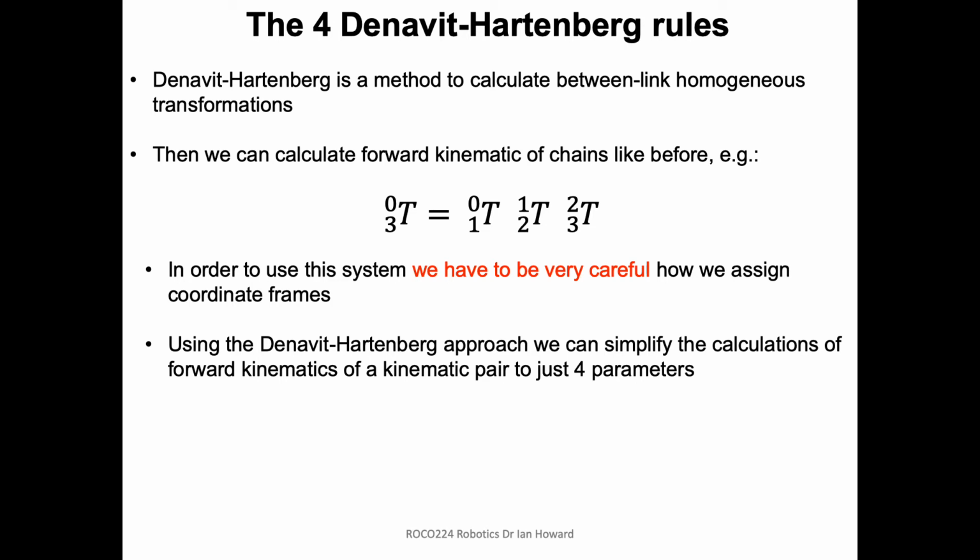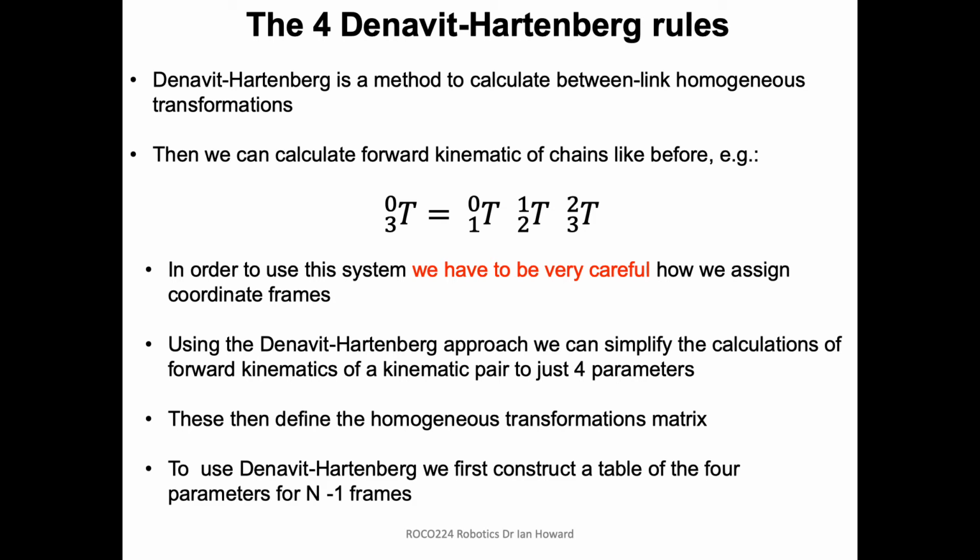So let's think about why we want to do it that way a bit more, and go through the rules that they come up with. Having come up with these parameters, we'll be able to then put them into a formula directly if we wish to do so, or you might want to build it together a little bit more from first principles.